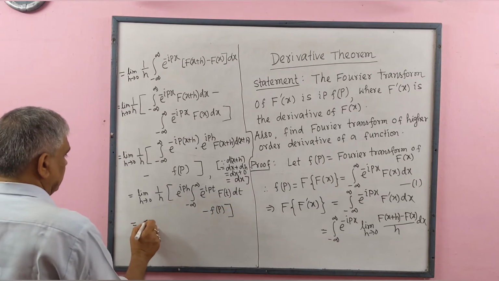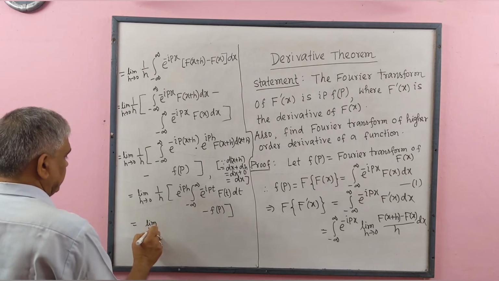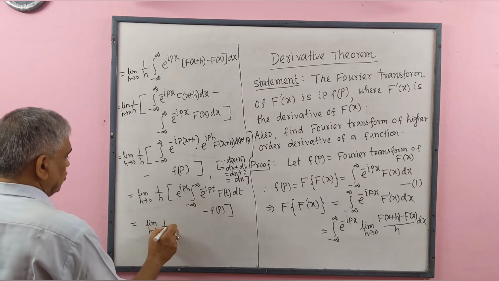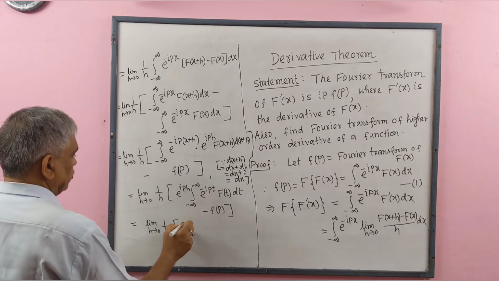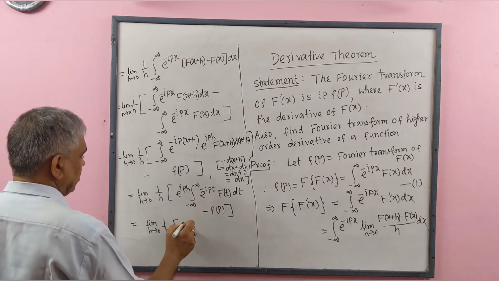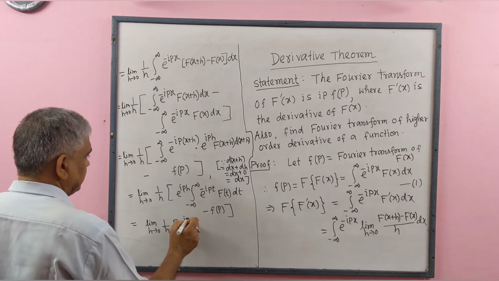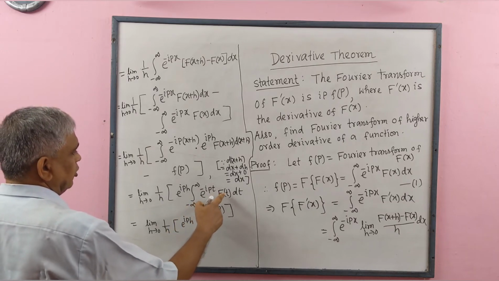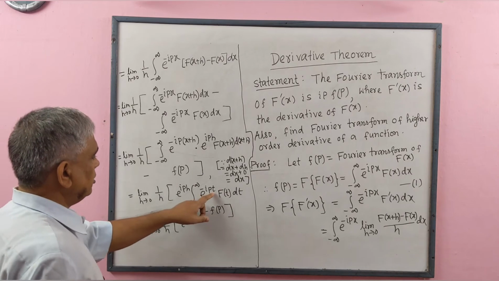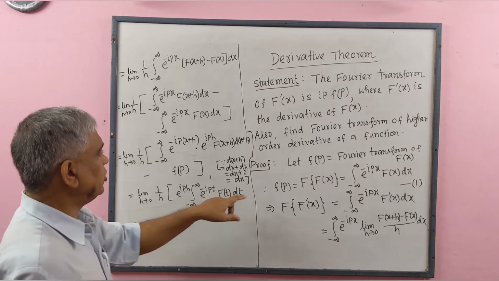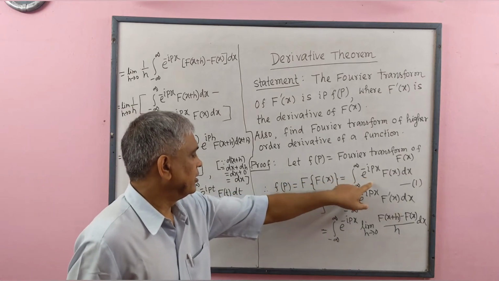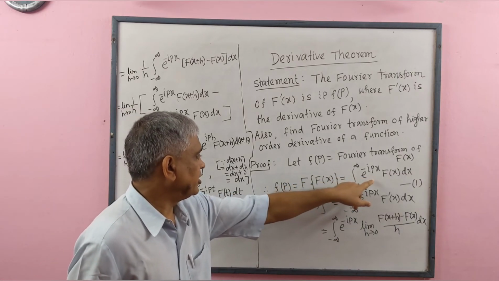This equals limit h tends to 0, 1 by h, e to the power iph, and for the value of this we may change the variable t to x, then we will get a term of this type.